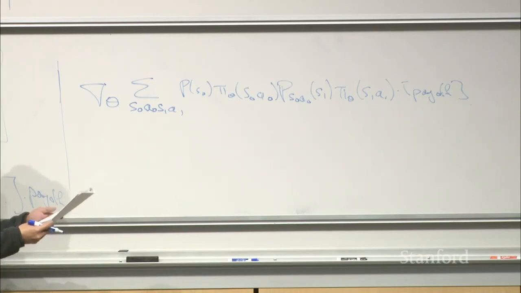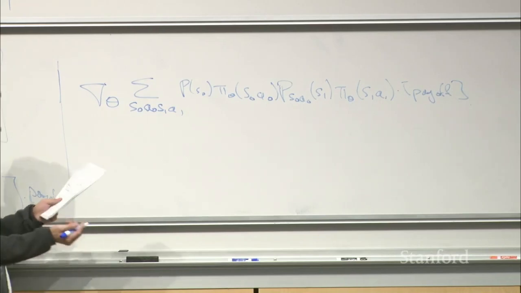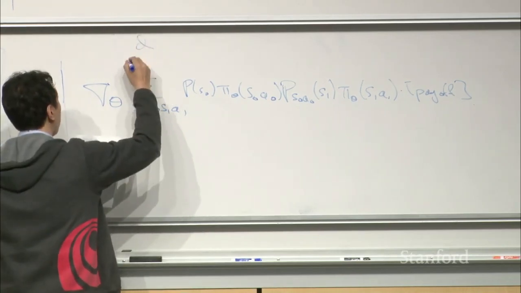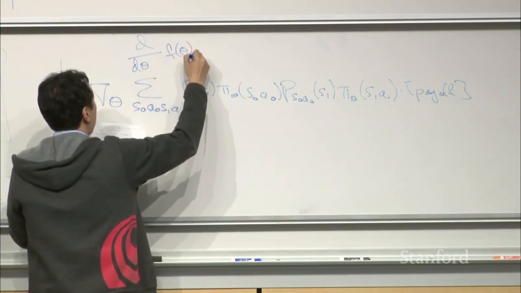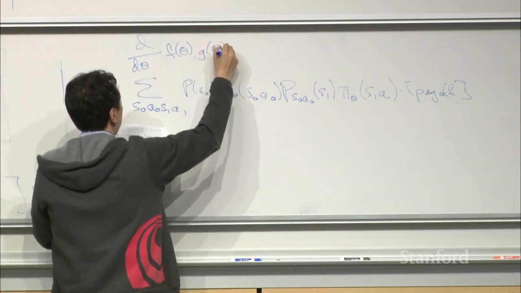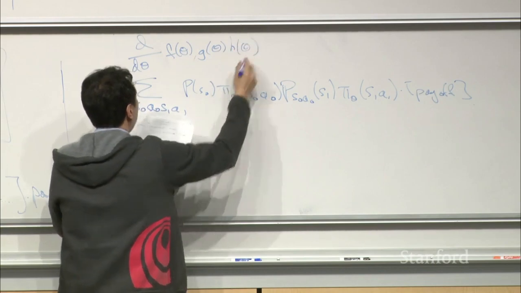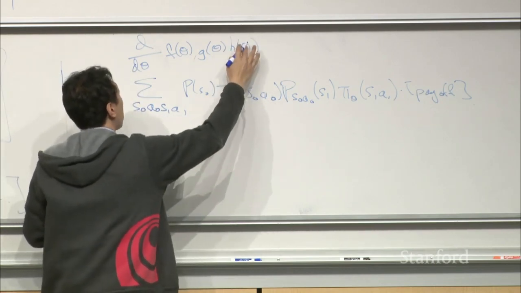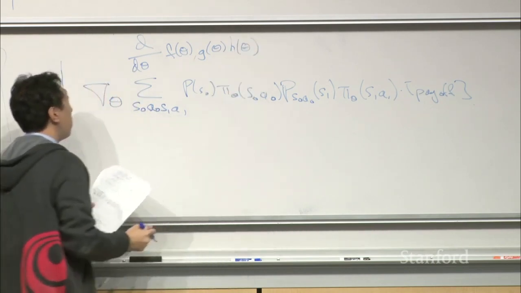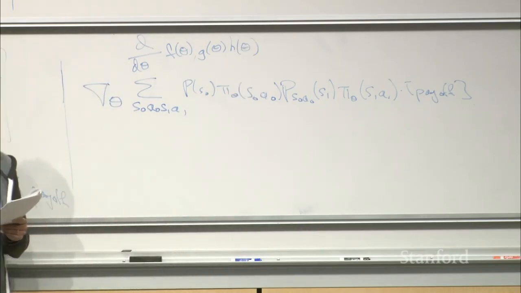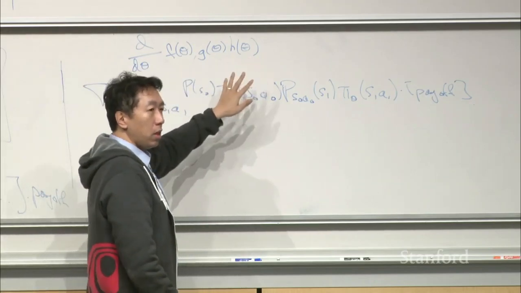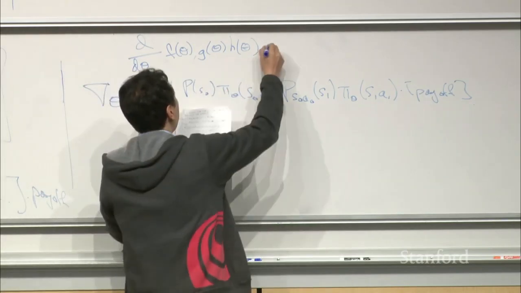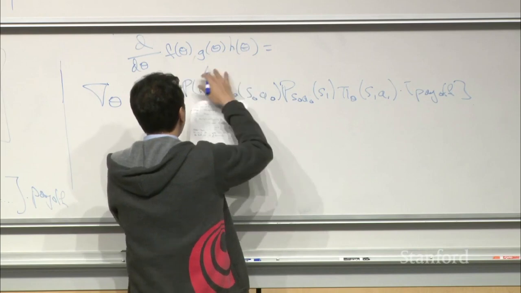So we're going to do this in 4 steps. First, I want to remind you, when you take the derivative of a product of 3 things, let's say you have 3 functions: f of theta times g of theta times h of theta. By the product rule from calculus, the derivative of the product of 3 things is obtained by taking the derivatives of each of them one at a time.